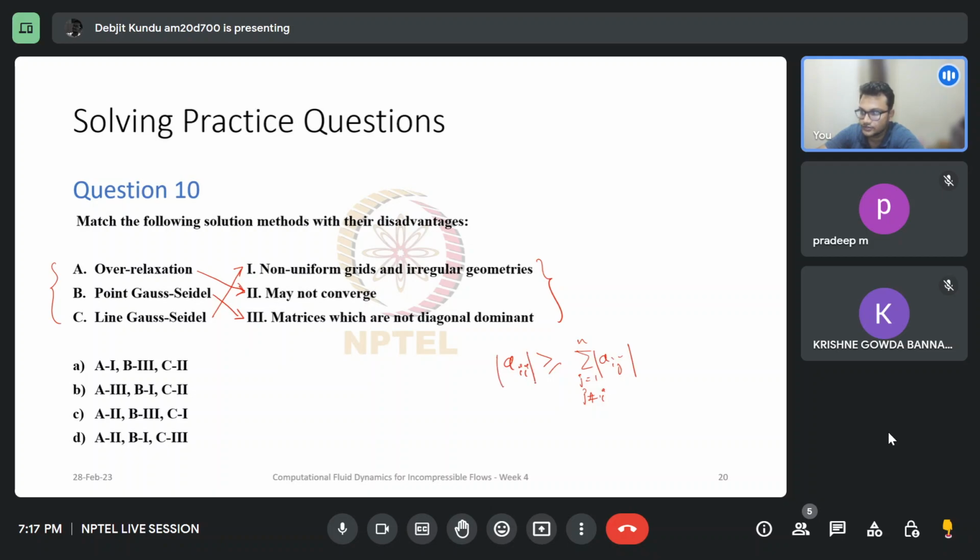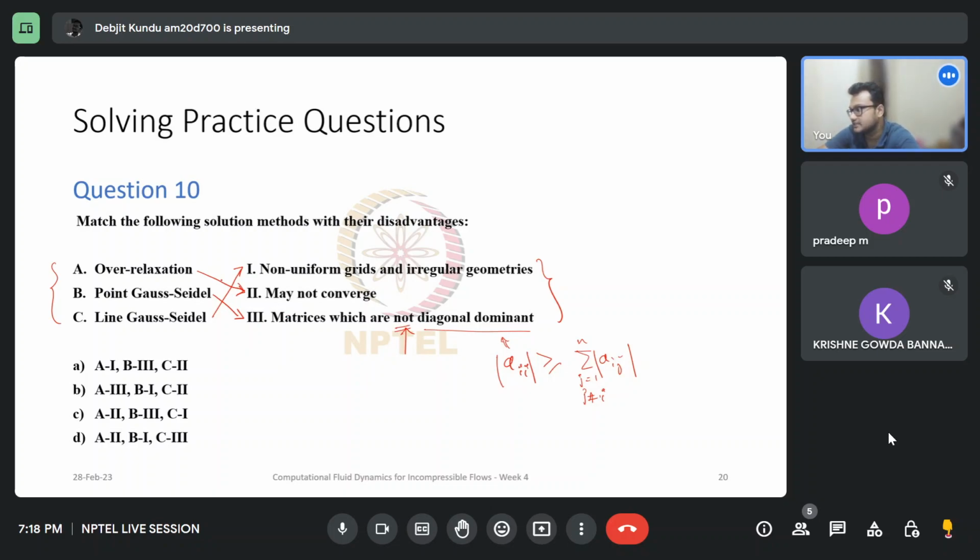If a matrix satisfies this condition, it is called a diagonal dominant one. Now point Gauss-Seidel has some problems with matrices which are not diagonal dominant.